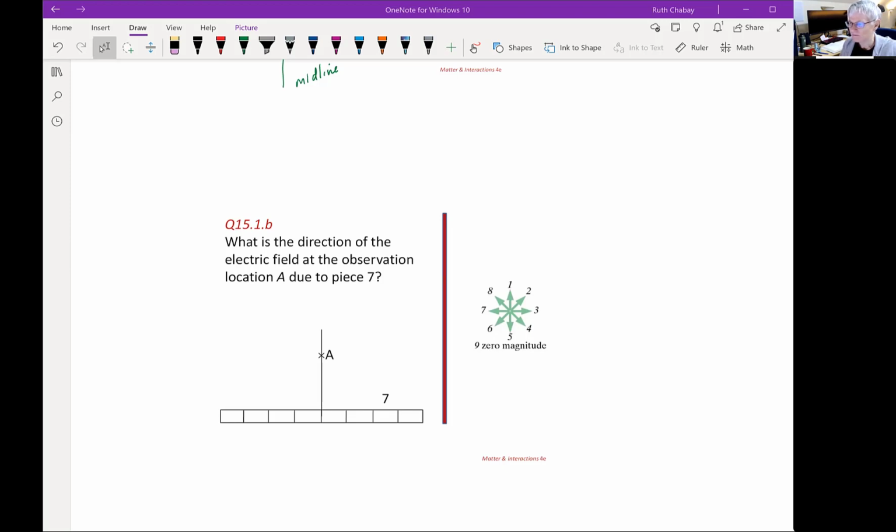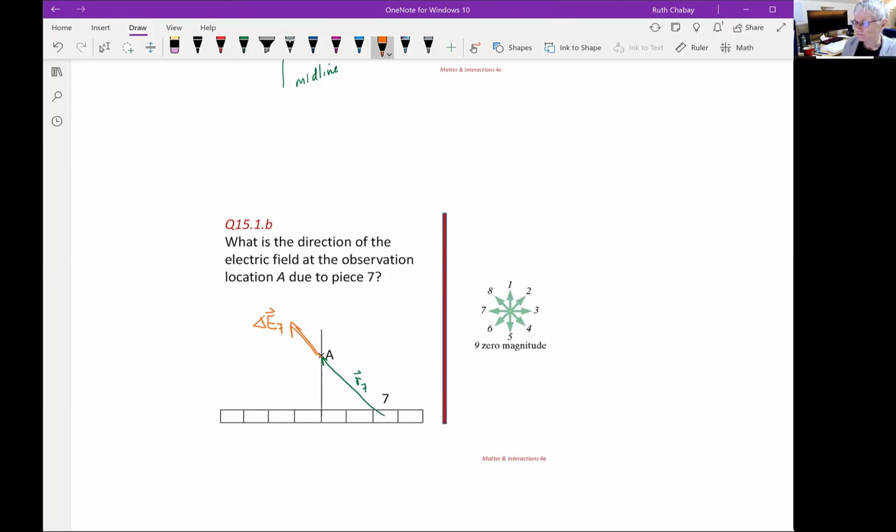So you said direction 8, which is of course absolutely correct. So we find that drawing vector r from the center of piece 7 to the observation location, this is going to contribute a delta E sub 7 in that direction.